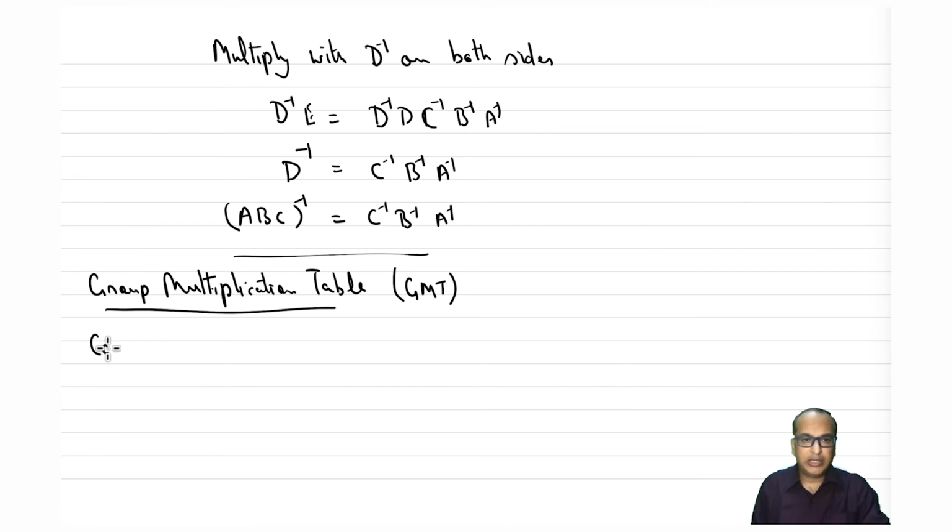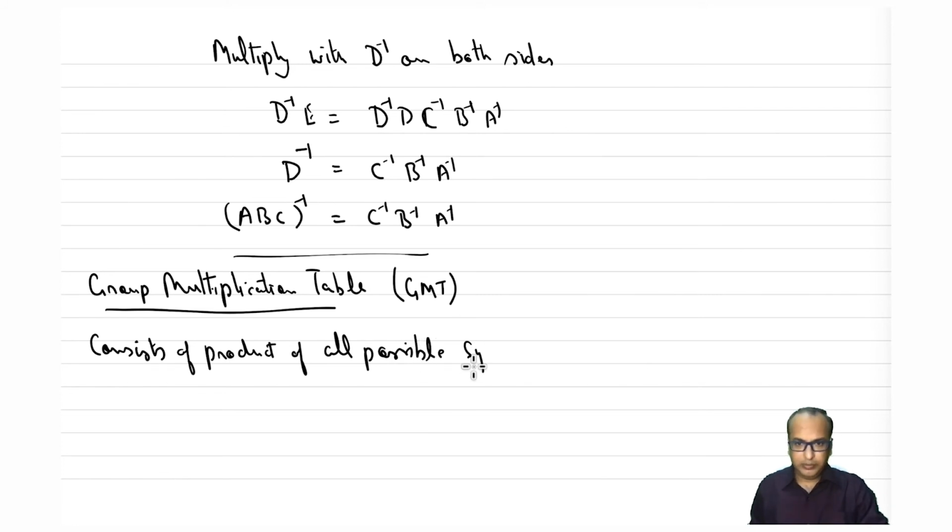So basically it consists of products of all possible symmetry operations in a given molecule.